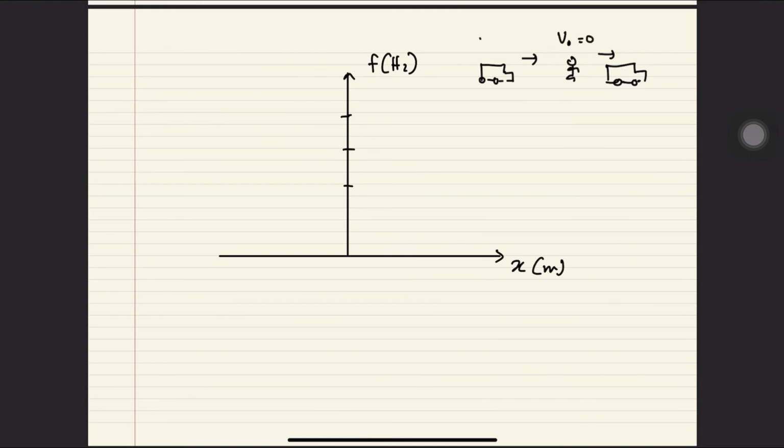The source is moving. As the source is moving towards V0, you will expect that you hear an apparent frequency higher than the actual one. Let's say the actual frequency is 500 Hertz. So when you hear it higher, maybe you hear it at 520 Hertz. So this is the first part.